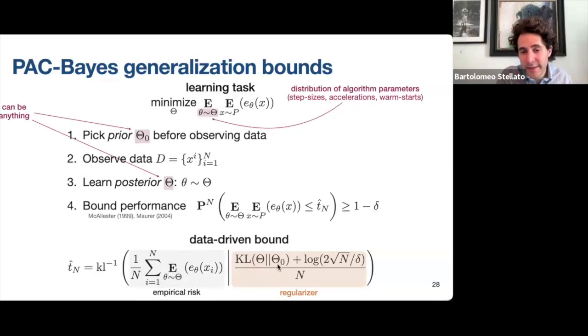And here the regularizer is what changes, so we have not only something that depends on the confidence and the samples with the logarithm of n and the confidence delta, but also the KL divergence between two distributions, which are in this case two Gaussians, between the prior distribution of your parameters and the posterior distribution of your parameters. You could imagine this working as a regularization term that helps you not go too far from the prior distribution and overfit your data. You want to have a balance here.